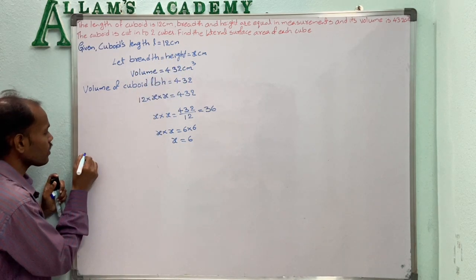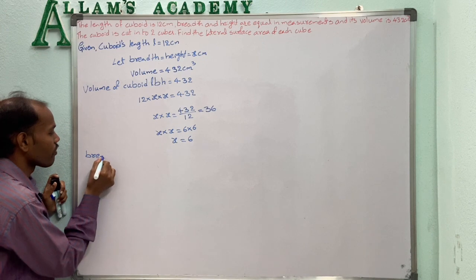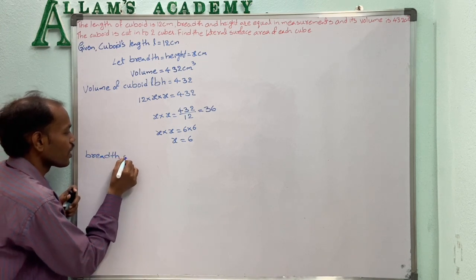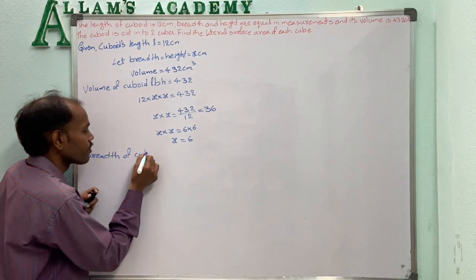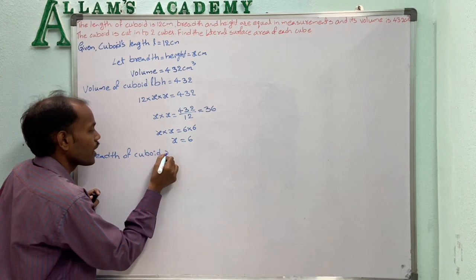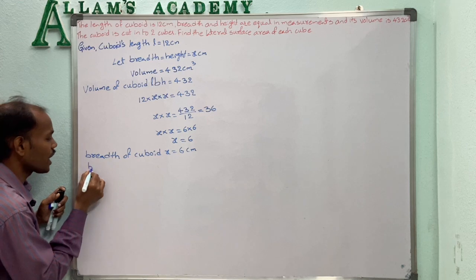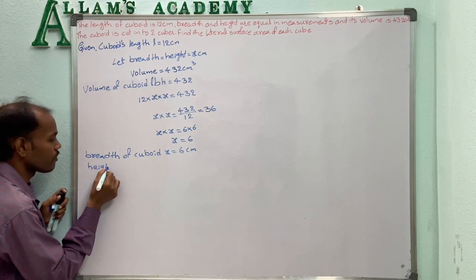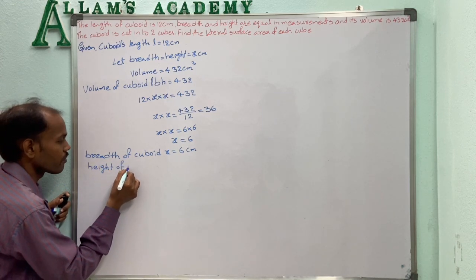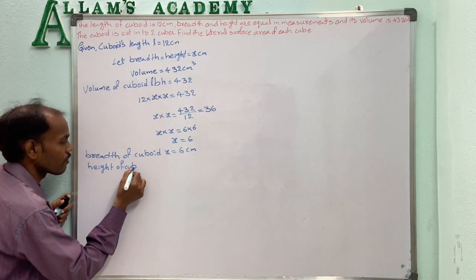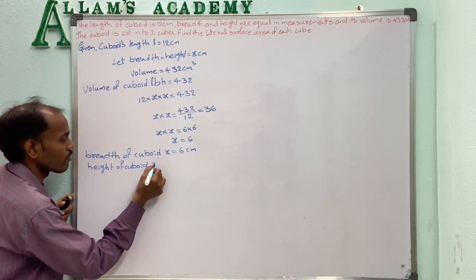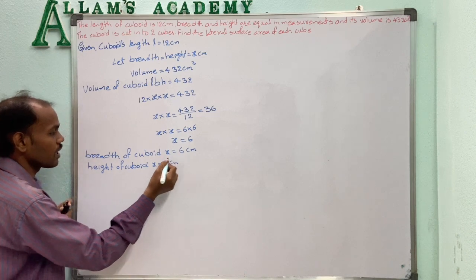So the breadth of the cuboid is x equal to 6 centimeters, and the height of the cuboid is also 6 centimeters.